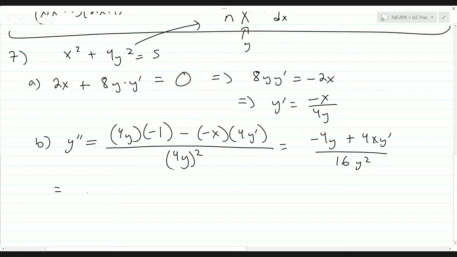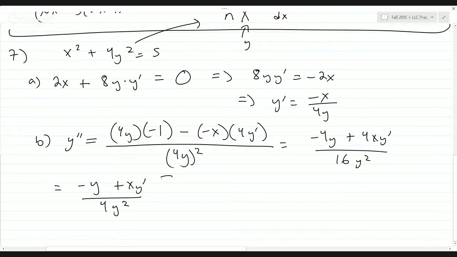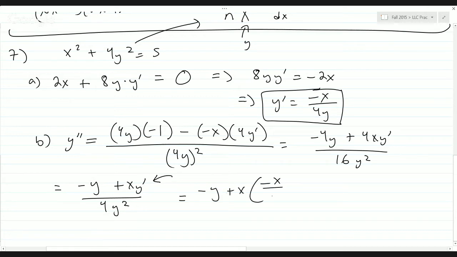This is equal to, we can take out the y, we get minus 4 minus y plus xy prime all over 4y squared. Are we done at this point? Nope, because we still have y prime there. But luckily, we already found that. So this is equal to minus y plus x times, we subbed in for y prime, all over 4y squared.